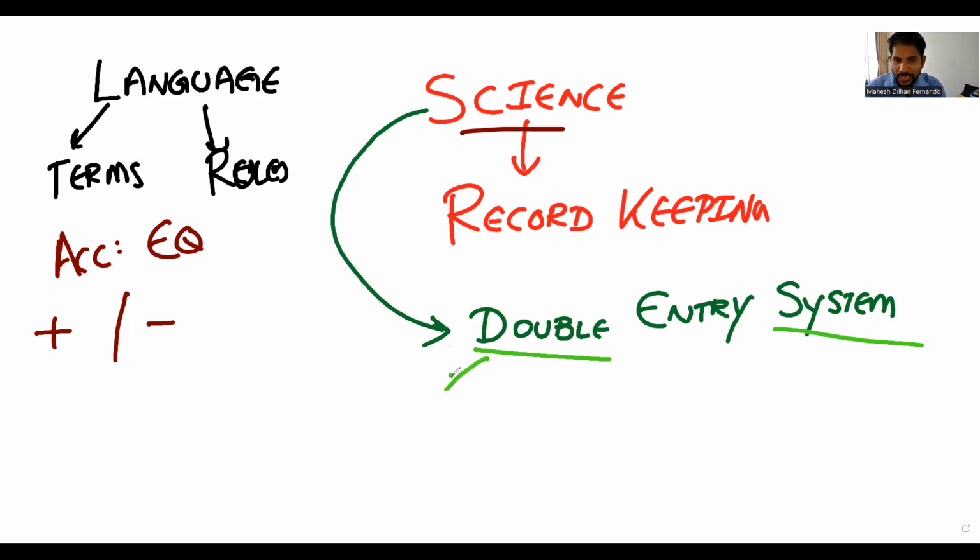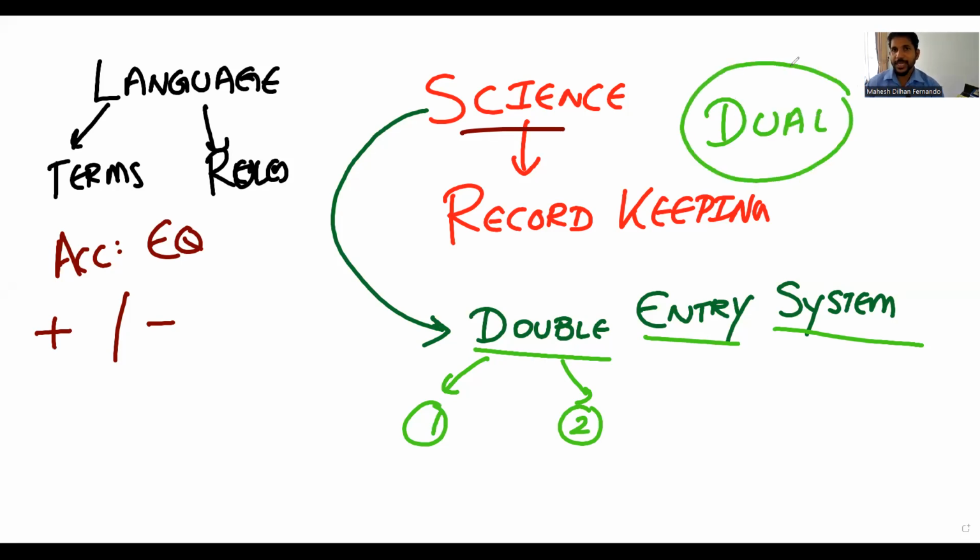So this transaction has two impacts, impact 1 and impact 2. It is a recording entry system. Double means dual entry system. It means, simply speaking, Puta, each transaction has dual impact. There are no transactions with a single impact. Definitely, two things are going to be affected.